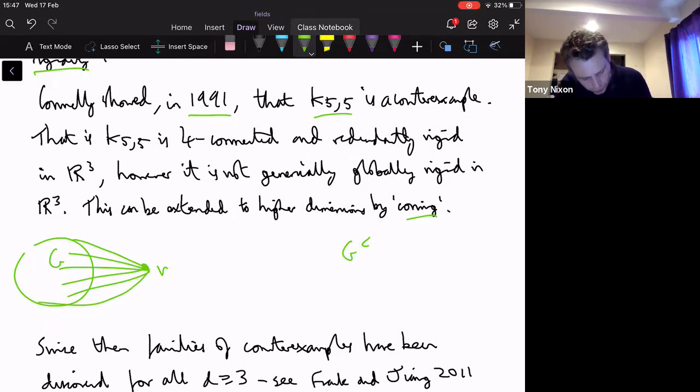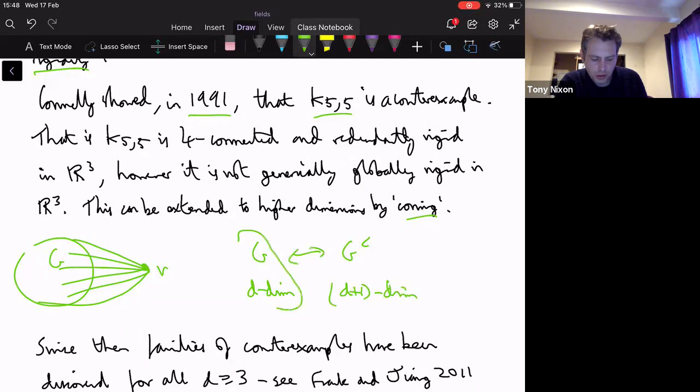What's true, and we will talk about this in a later lecture, is that rigidity properties are nicely preserved by this coning operation. So you have your framework G in dimension D, and you have this cone graph G^C in dimension D+1, and the properties you like are true in dimension D for G if and only if they're true for the cone in dimension D+1.